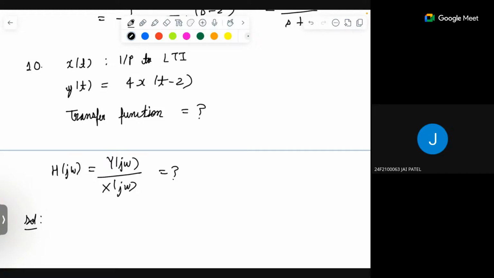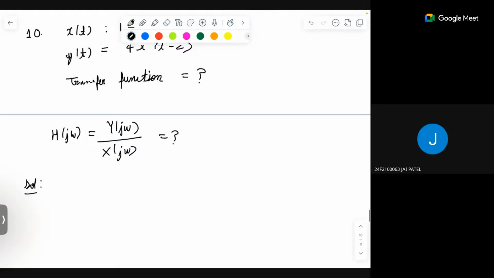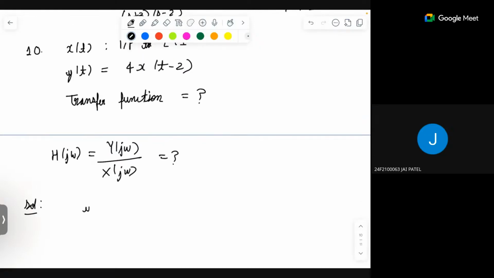Yes, ma'am. Okay. So with this, we know that this is an LTI system. So for an LTI system, y of t is equal to x of t convolved with the impulse response, and the Fourier transform of the impulse response, H of j omega, is the transfer function.